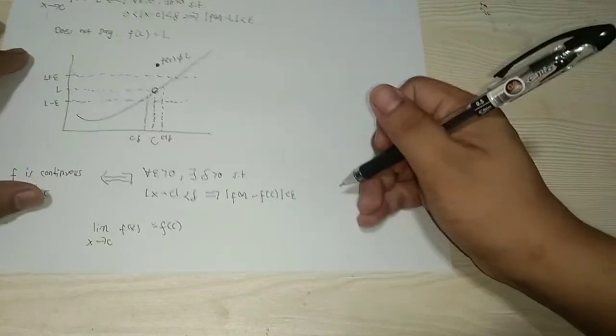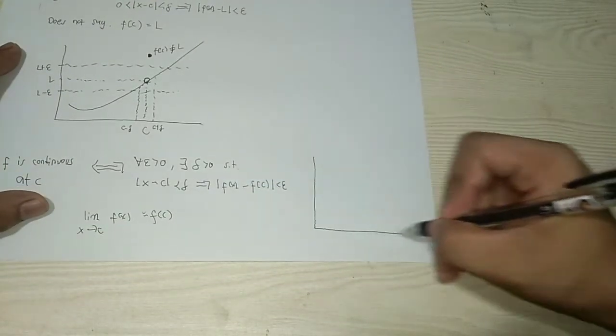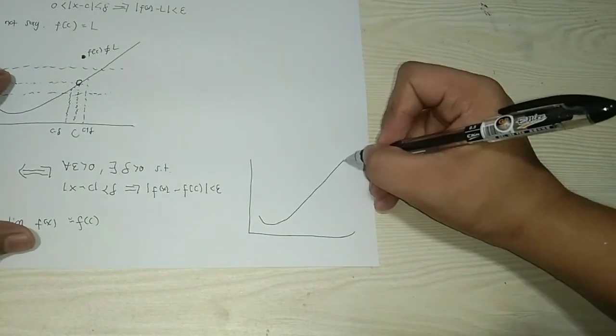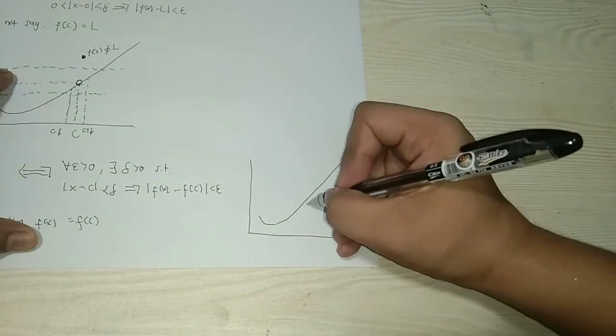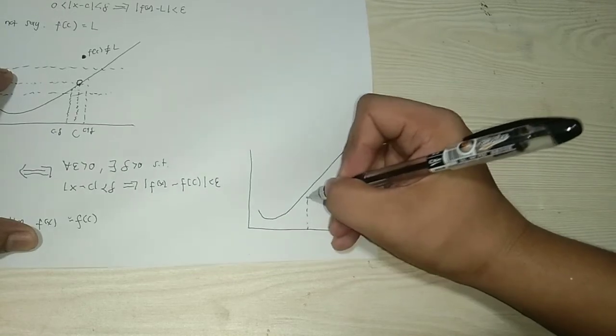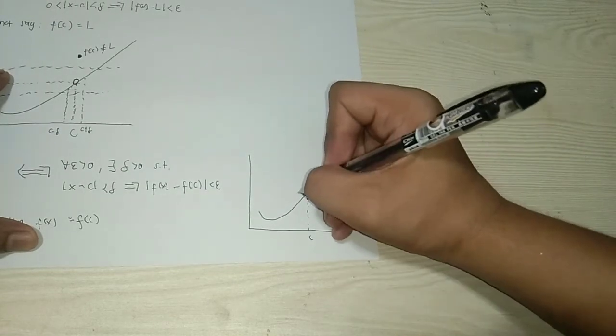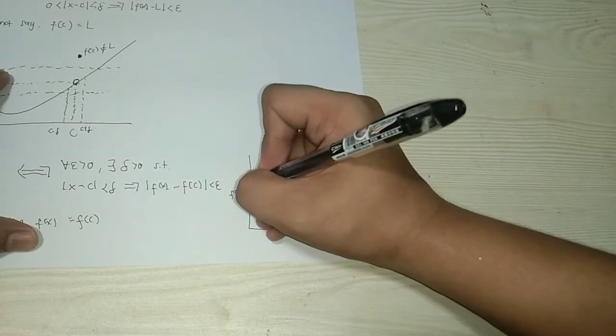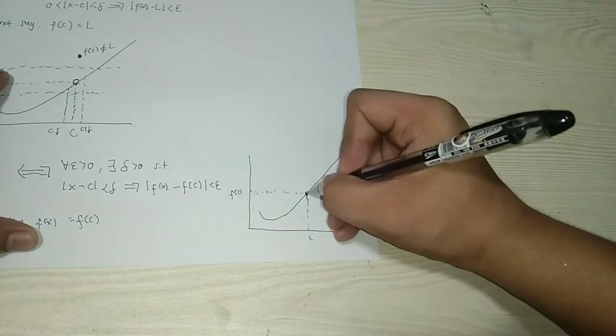Kumbaga sa graph, similar dito, kung i-graph natin, let's say, ito yung C, ito yung f of C. Ito na mismo.